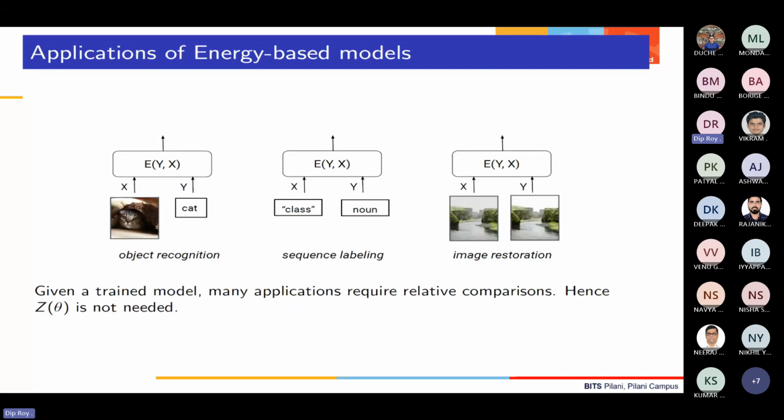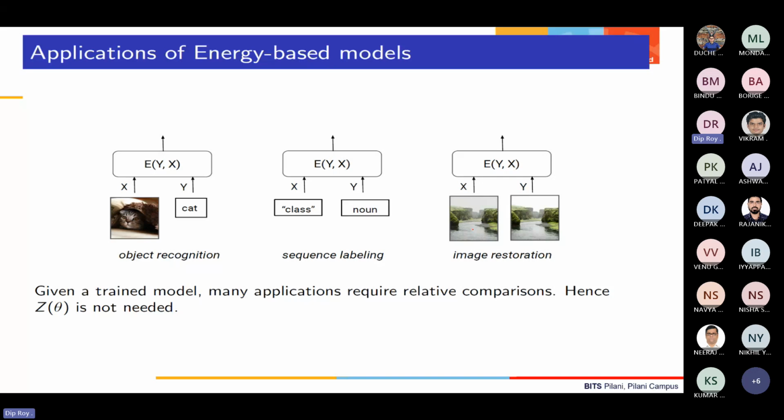A few examples are given here. These are quite primitive examples. Energy-based models have been used for object recognition, sequence labeling, image restoration. There are a lot of areas where energy-based models can be used, as long as the function requires relative information, the partition function is not needed.